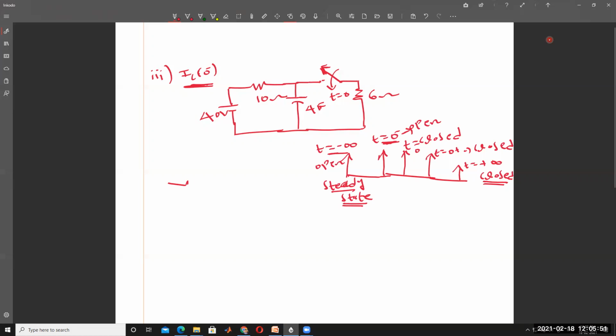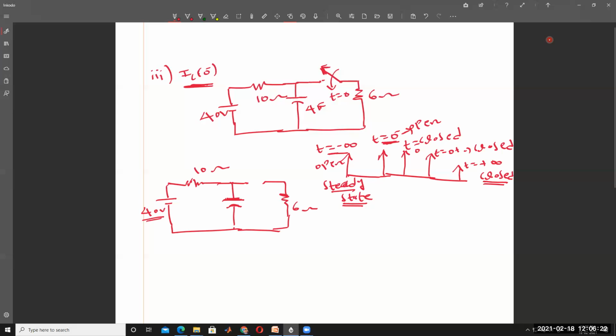So this is the circuit. This is the capacitor. The switch is open. Then a 6 ohm resistor, this is the capacitor, and a 10 ohm resistor, with 40 volts.